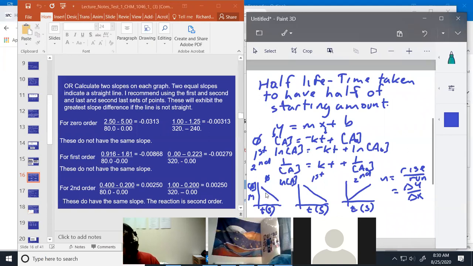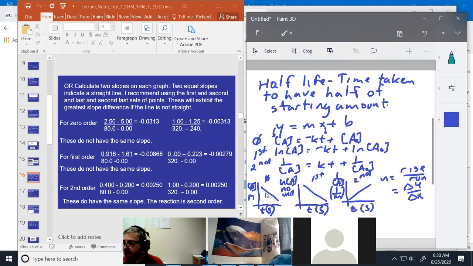So there is no unit on the y-axis. And for second order, it's 1 over A on the y-axis, so 1 over M is the unit. I'll make it a little bit clearer. There we go, it's better. So we've got 1 over A is 1 over M.